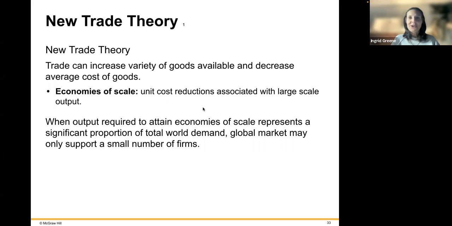I think of Costco in this, right? If you buy more, they can make more, and so we can make the unit cost lower. When output required to attain economies of scale represents a significant portion of total world demand, the global market may only support a small number of firms.